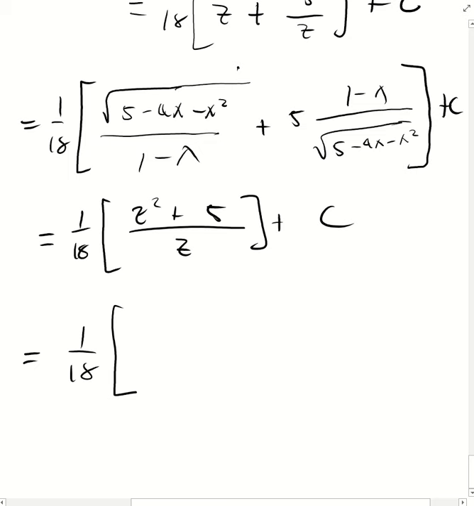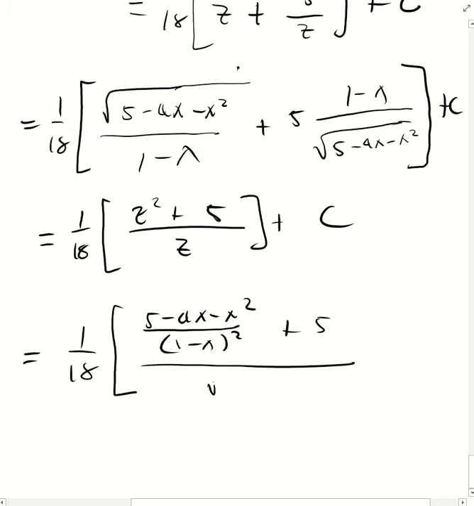So z squared, you square that one: 5 minus 4x minus x squared all over 1 minus x, you square it. And plus 5 all over z, where z is the square root of 5 minus 4x minus x squared all over 1 minus x, plus c.